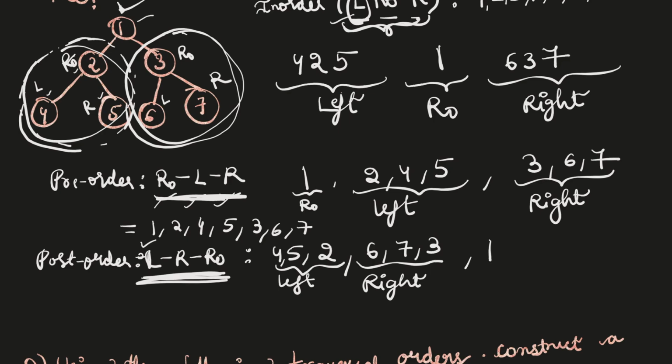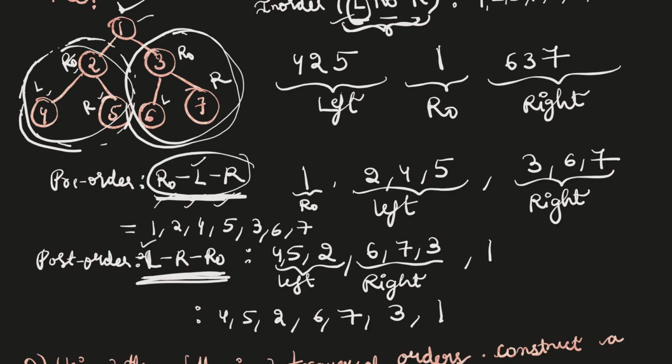So what is the post-order? It is 4, 5, 2, 6, 7, 3, 1. Here you need to remember one thing. Whenever you are writing any part and it has more than one element, you simply have to follow this rule. That's it.